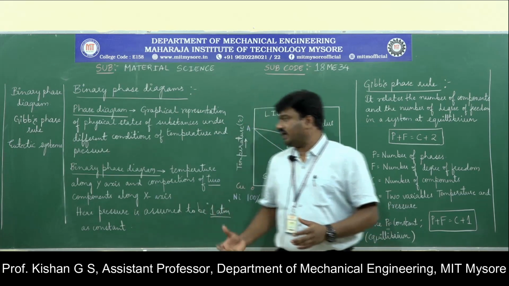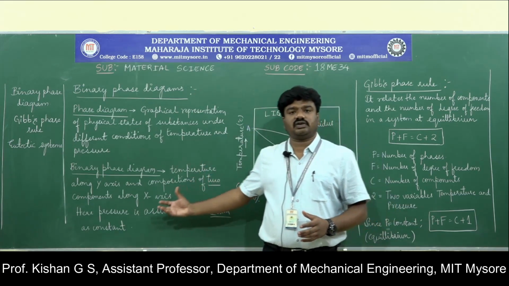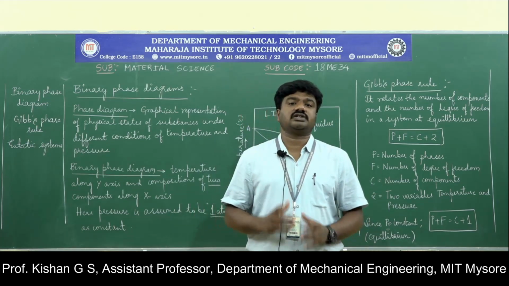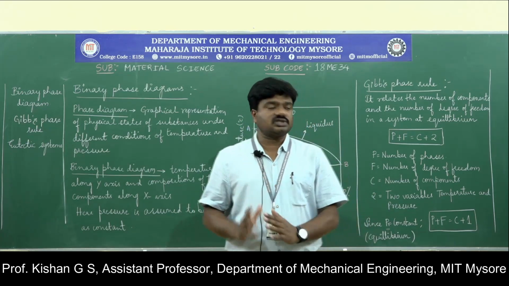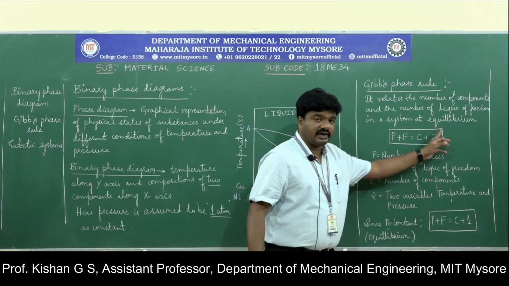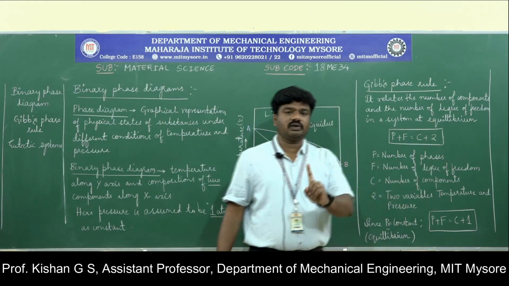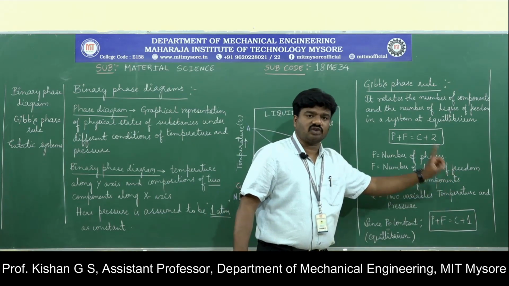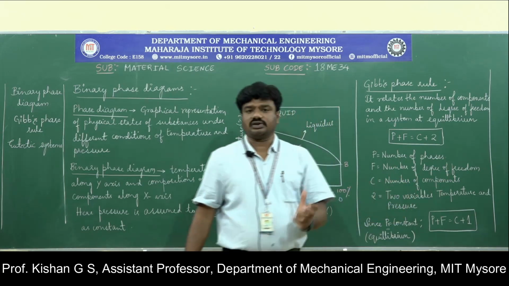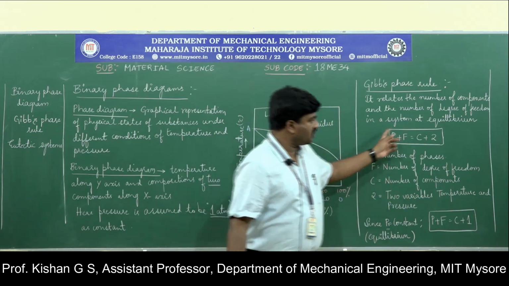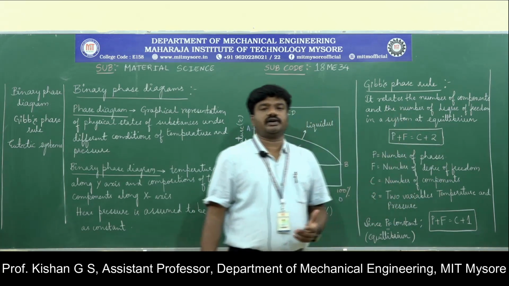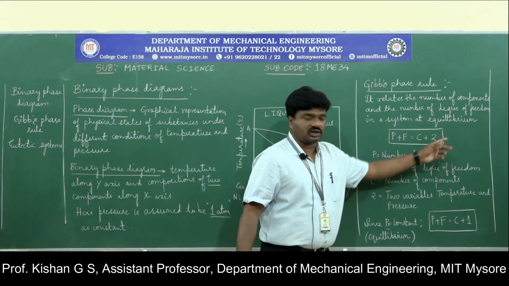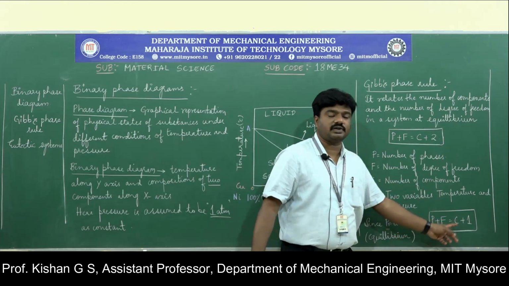But as we have defined in the binary phase diagram, at equilibrium condition, the pressure is always kept at 1 atmospheric pressure and it is constant. Since it is constant, we are going to replace the two variables by one variable, that is temperature. We are going to retain the temperature as one variable, but the pressure remains constant. Hence, the same Gibbs phase rule under the equilibrium condition, since the pressure is kept constant, P plus F is equal to C plus 2 turns out to be P plus F is equal to C plus 1.